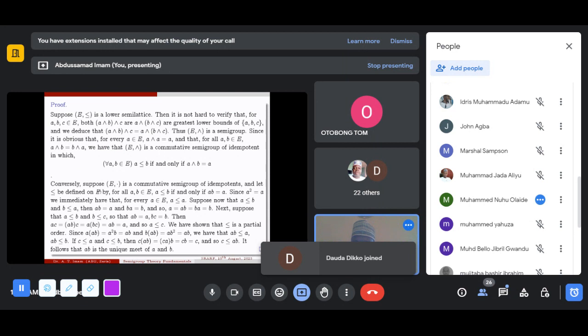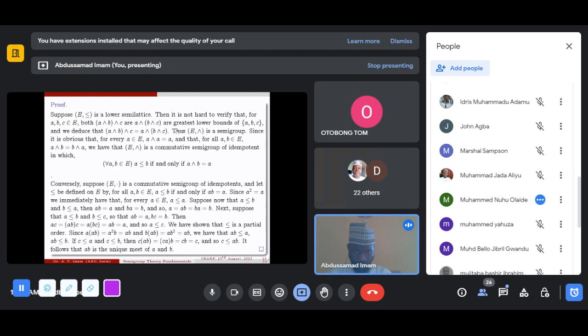I think this entire proof here is just a restatement of what I have already said. If you have a lower semilattice, then it is not hard to verify that when you define a product with respect to the meet, the product is associative, because if you say A meet B and then meet C, and A meet (B meet C) with the bracket, both of these are referring to the meet of the set A, B, C. And so they are the same thing.